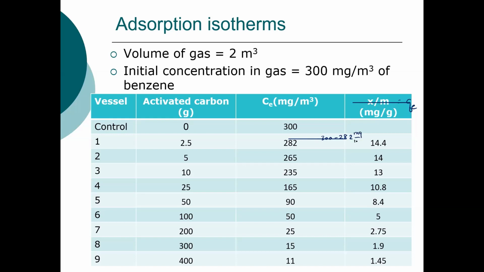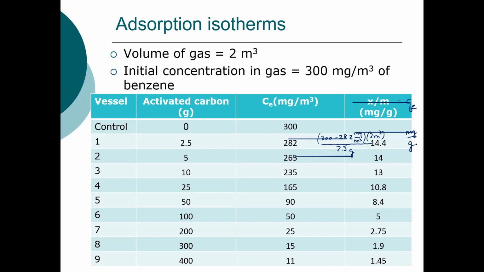So remember, this is milligrams per cubic meter. And we had 2 cubic meters. And then we'll divide this by the mass of carbon. So notice this is in milligrams per gram. So it's milligrams of benzene per gram of carbon.